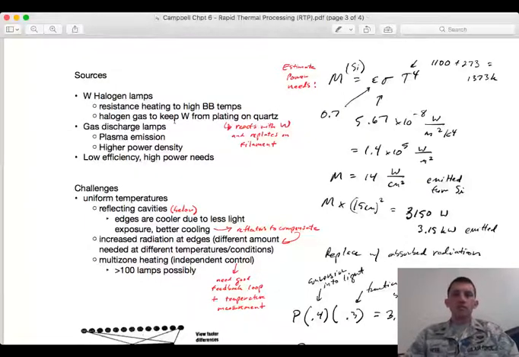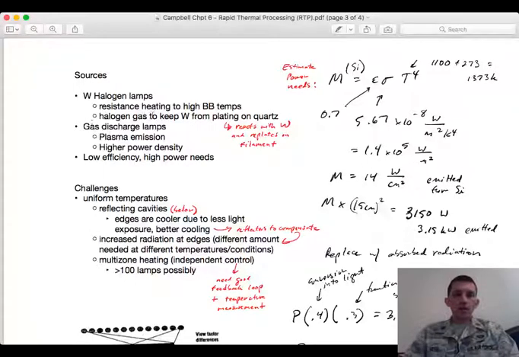Not only is the filament emitting radiation, it's also boiling off some tungsten atoms, which would normally leave the filament, travel in line of sight, and deposit themselves on the quartz, eventually shading out the filament.